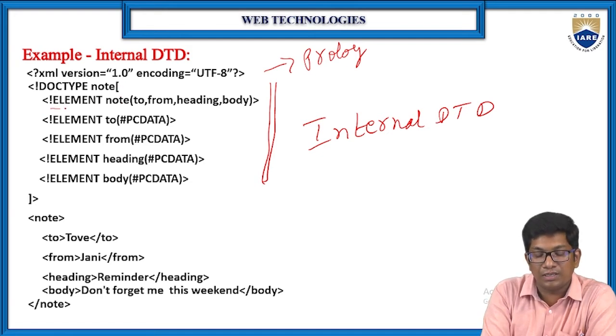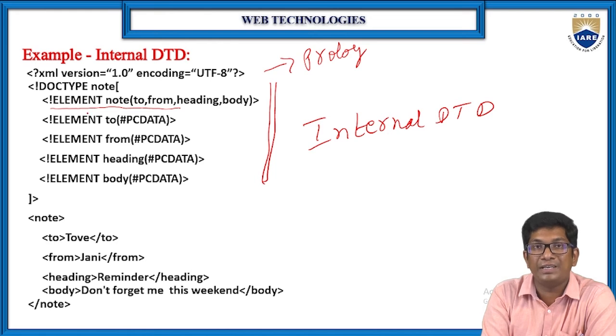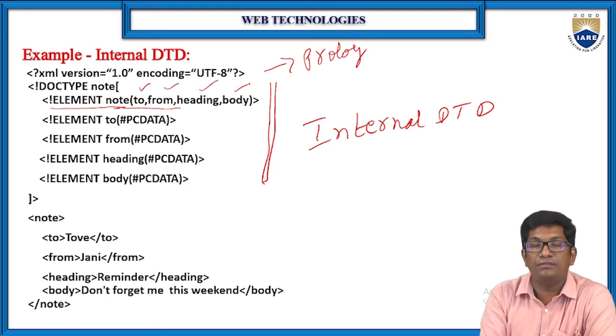So how to declare the elements: for the root element, left angular bracket, exclamation symbol, ELEMENT, which must be in capital letters, note is the root. Under that root, we have child nodes to, from, heading, body. These are the child nodes.